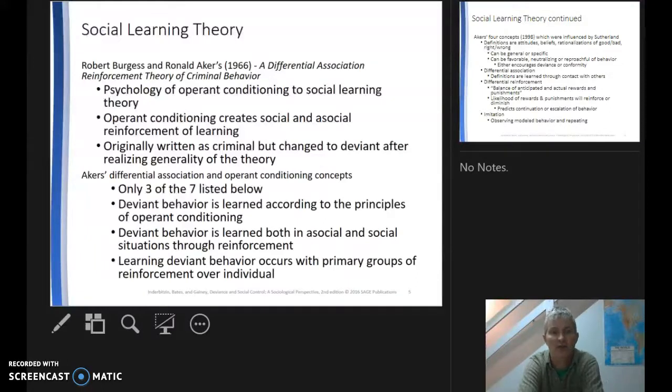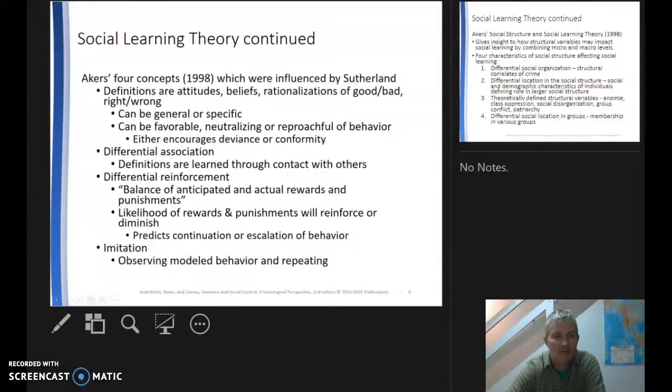Deviant behavior is learned both in asocial and social situations through reinforcement. In learning, deviant behavior occurs with primary groups of reinforcement over the individual. This is where Akers is adding to or unpacking, if you will, Sutherland's ideas on differential association.